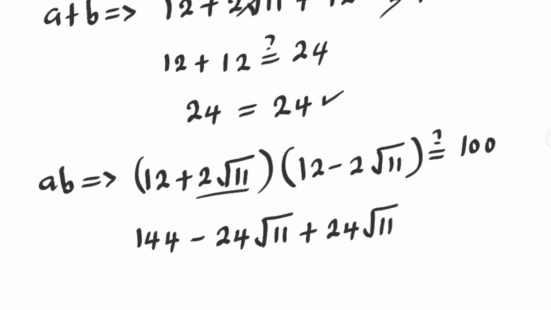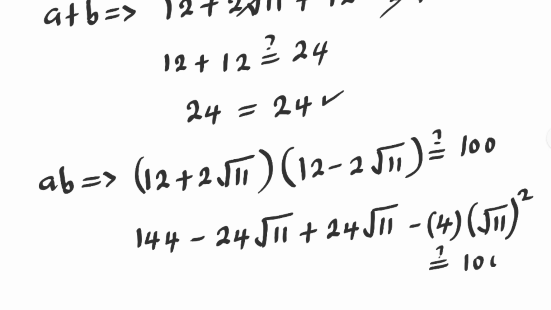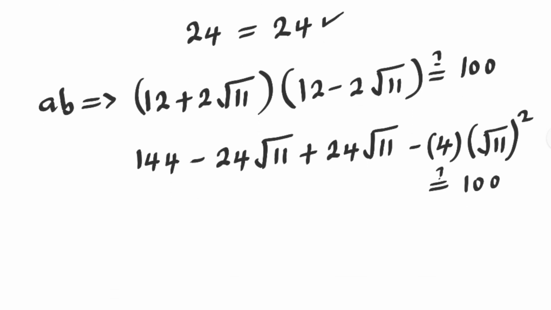Then 2 root 11 multiplied by minus 2 root 11, that is minus 4 multiplied by square root of 11 square must be equal to 100. Here, these cancel.